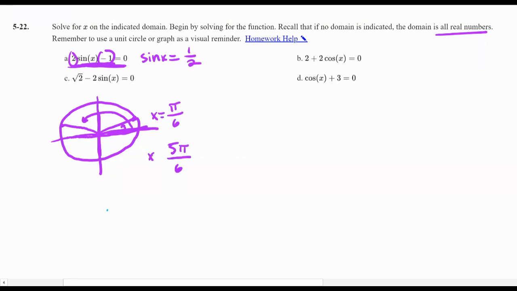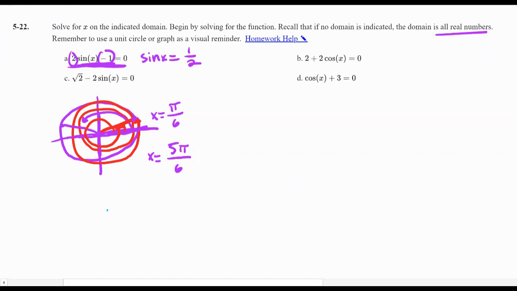So if we were doing a problem that said just the answers between 0 and 2 pi, we'd be done. But in this one, I'm going to use a different color here, this line right here, we could do pi over 6, but then we could go all the way around the circle and do that angle as well. And then we could go all the way around the circle twice and do that angle as well, and so on and so forth.